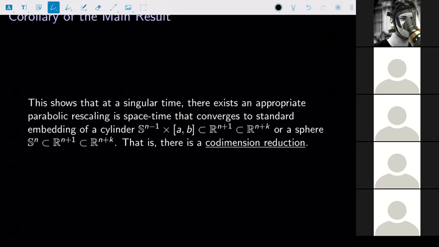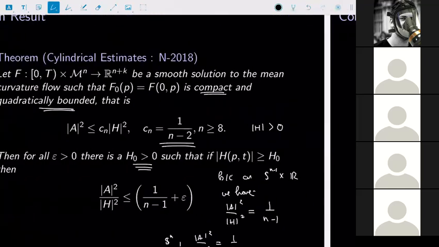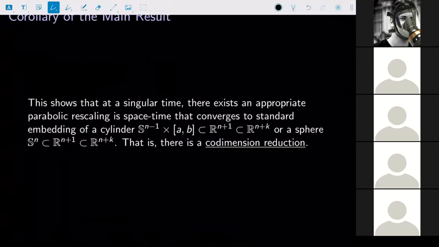Right, so this result here is the main result, the cylindrical estimate. This shows, at a singular time, a little bit more than that.